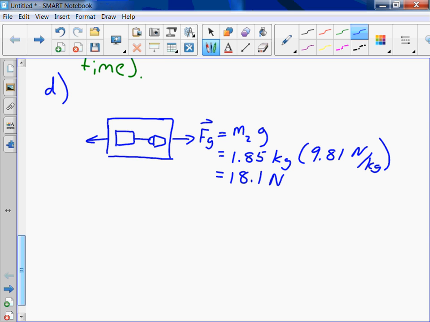And acting against the force of gravity, or resisting the motion, is now the force of kinetic friction, not the force of static friction, because now the system's actually moving. Oh, there it is, 0.34.